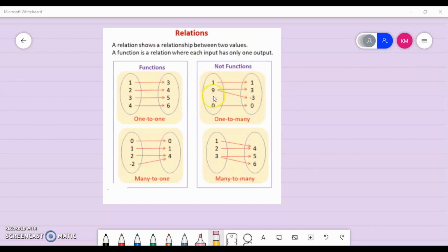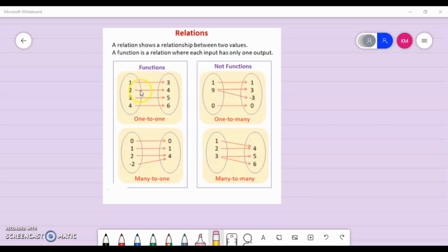So this is considered one-to-many. And lastly, I have many-to-many. So I'm seeing two elements of my domain mapping onto one element in my range, as well as one element of my domain mapping onto two elements of my range. So this is considered to be a many-to-many relation.